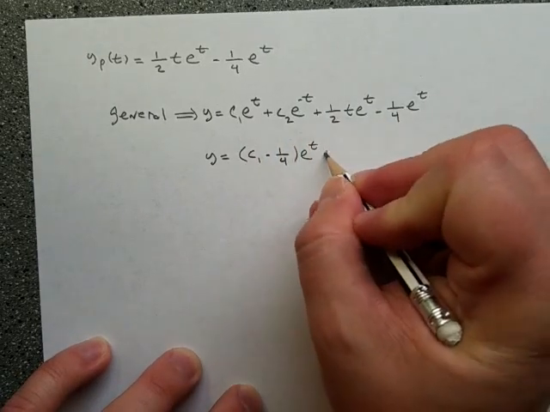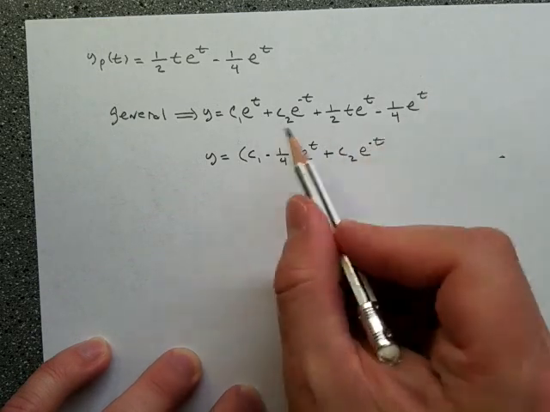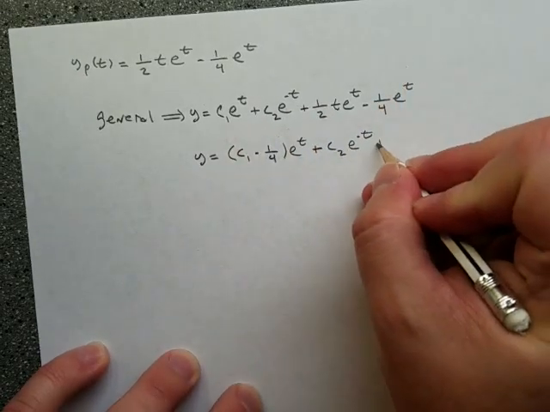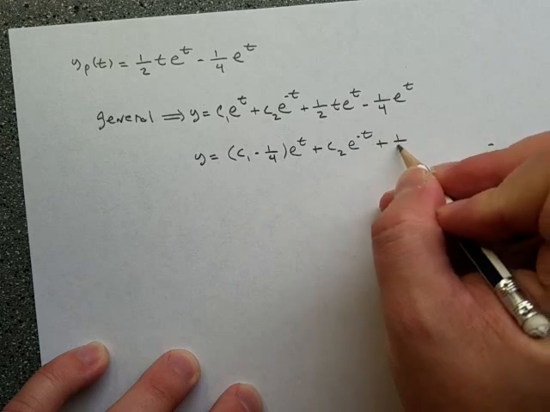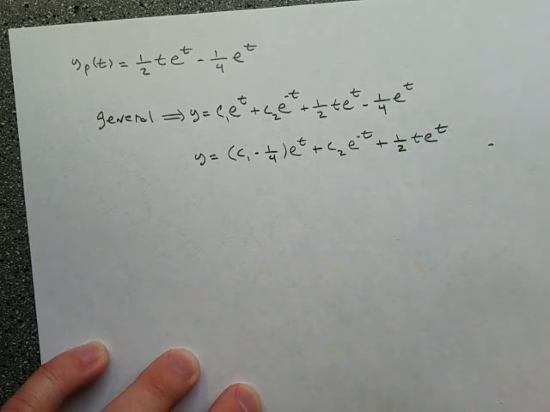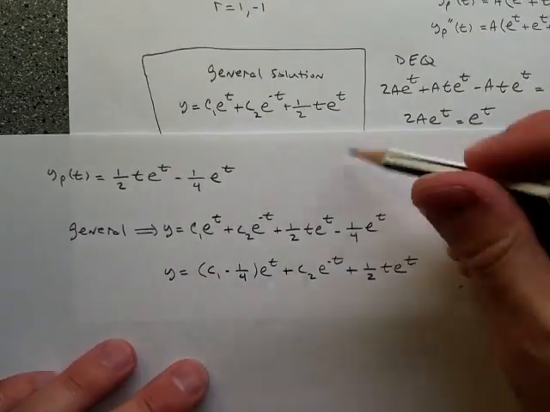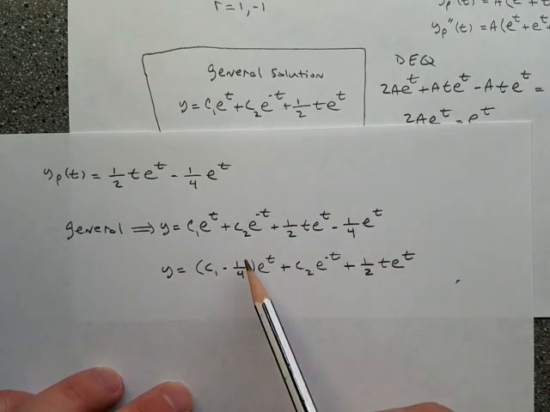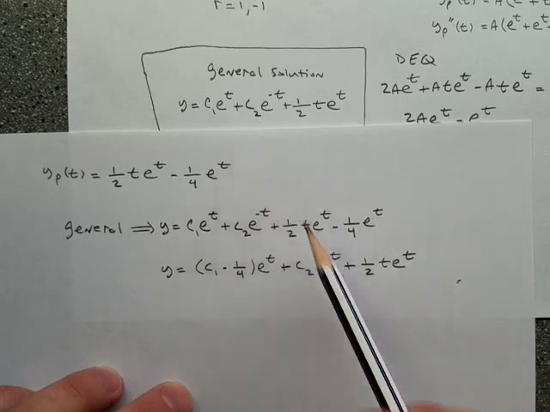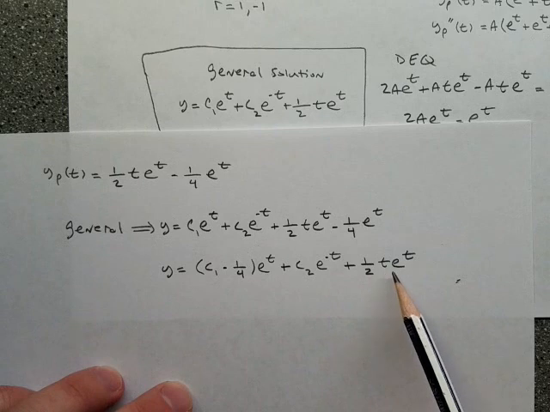So I'll say plus c2 e to the minus t, and then I get this, which I can't combine with anything, plus 1/2 t e to the t. Now, that's more like it. These are essentially the same: a constant times e to the t, some other constant times e to the minus t, and then plus 1/2 t times e to the t.